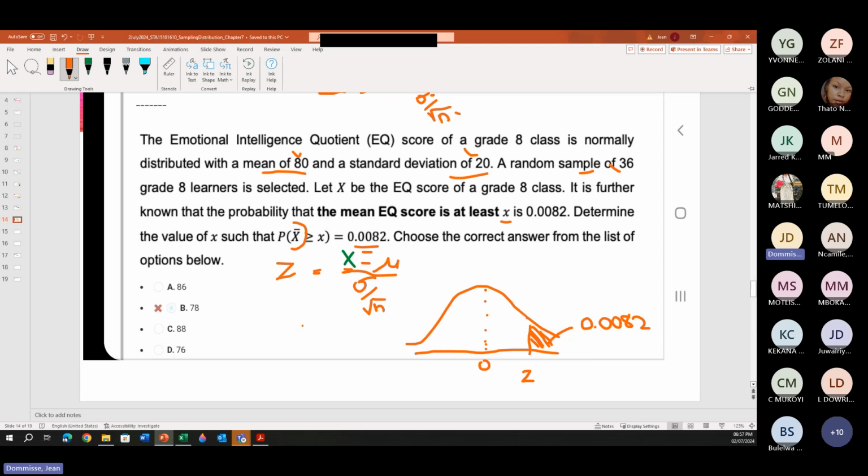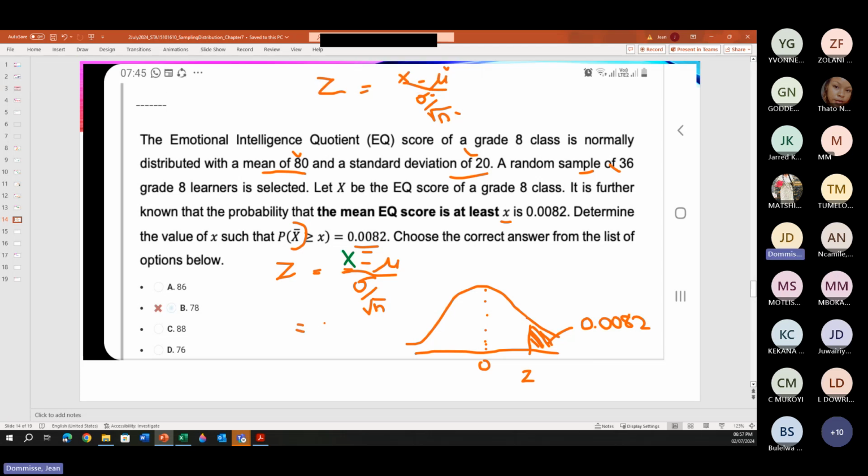So we don't know x. We know what the mean is, 80. We know what the standard deviation is, 20. We know what the sample size is. The sample size is 56.